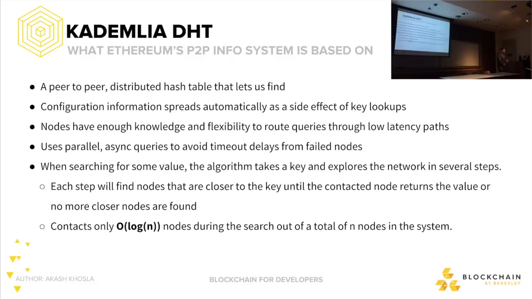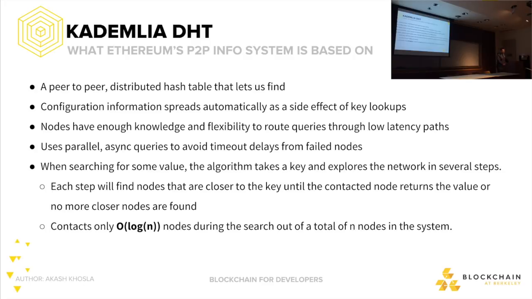Kademlia is basically a peer-to-peer distributed hash system that lets us find other nodes in the network to work with. There are a few cool properties of this, actually. One is that configuration information will spread automatically as a side effect of the key lookups that you perform on this whole network. So you're doing two things at once, which will greatly improve performance.